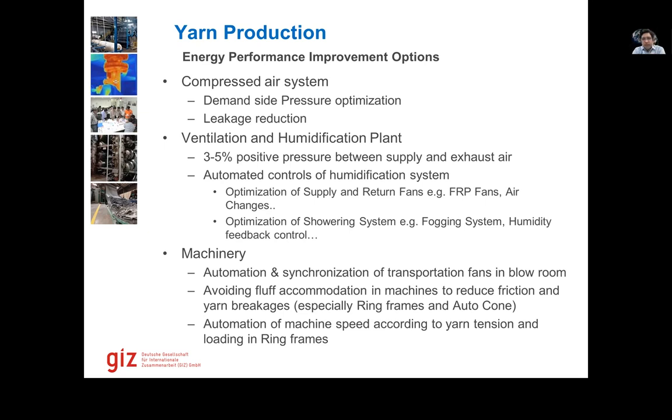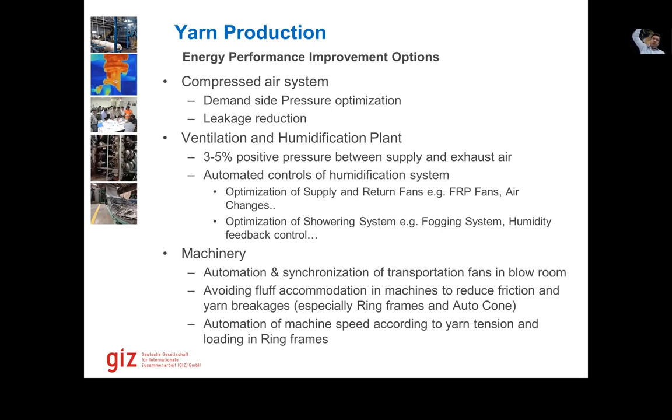That's it. Then the ventilation and humidification plant, as I told you, has supply fans and return fans, and we have to maintain 3 to 5% positive pressure. That means that the quantity of air being supplied by the supply fans is 3 to 5% more than the quantity exhausted, because the fluff particles are lighter than air, so they suspend in the air.